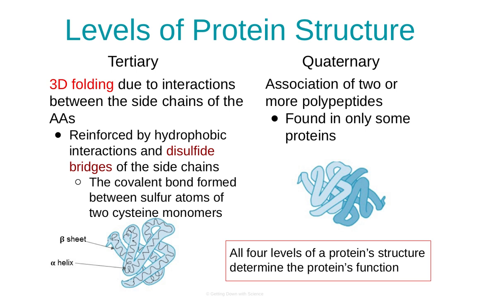Covalent bonds called disulfide bridges further reinforce the overall shape of a protein. A disulfide bridge forms where two cysteine monomers, which have that sulfhydryl group, the SH group, on their side chains, are brought close together by the folding of a protein. The sulfur in one of those cysteines bonds to the sulfur in the other one, creating this disulfide bridge.